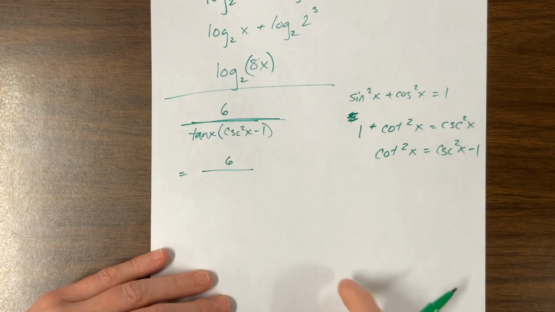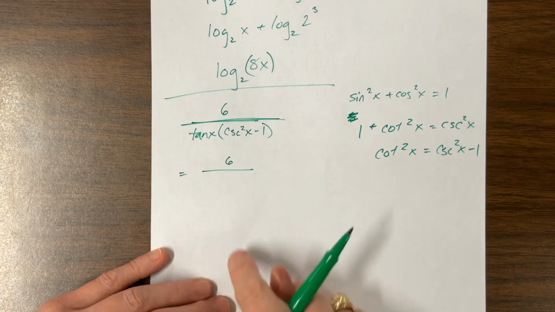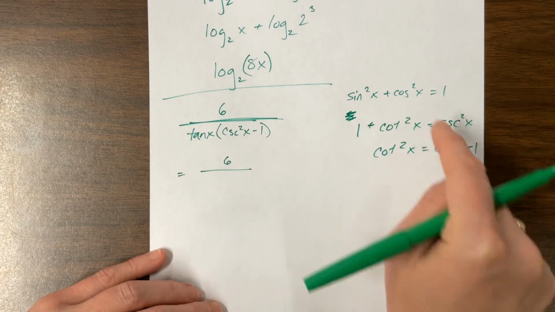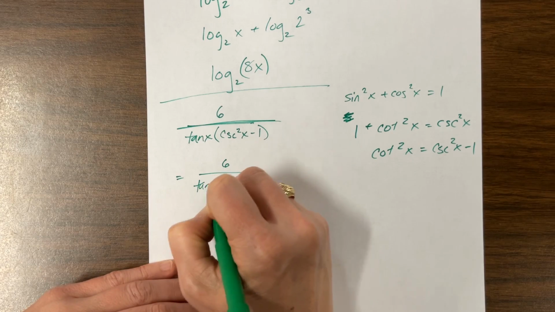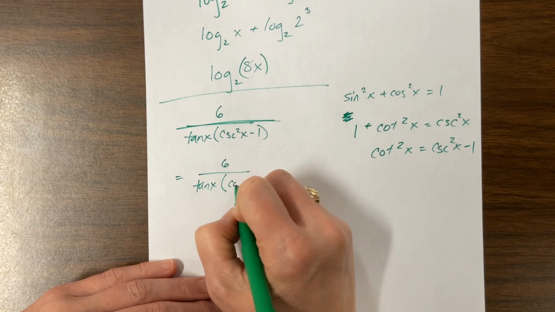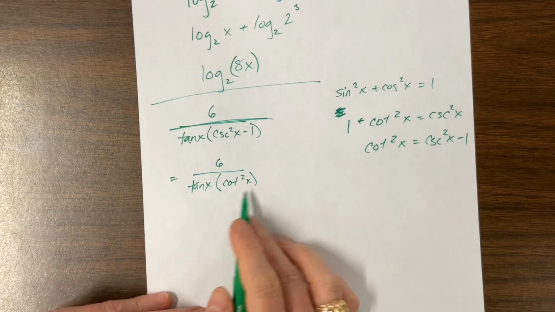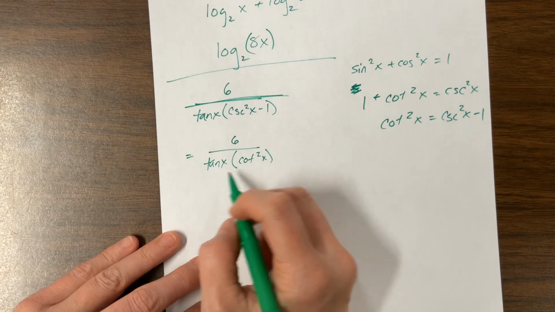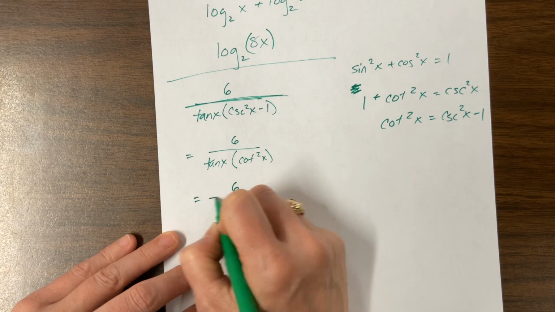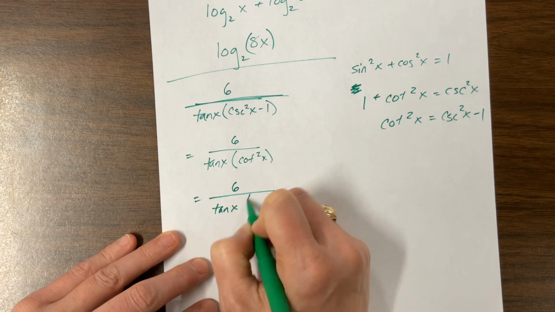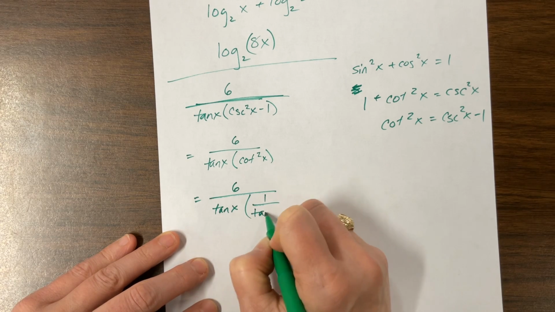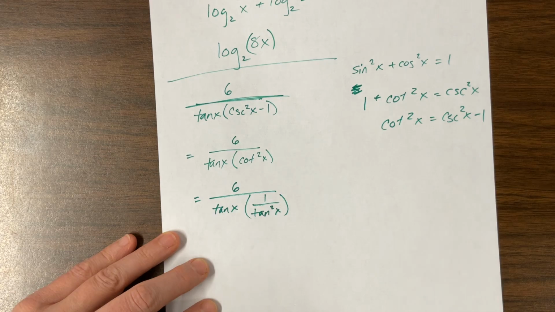And as a grader, I would want to see this and then the next step. I would say this is getting multiplied by cotangent squared of x. Well, tangent times cotangent. I wouldn't require this step in my classroom, but I wouldn't count you wrong if you did it either.